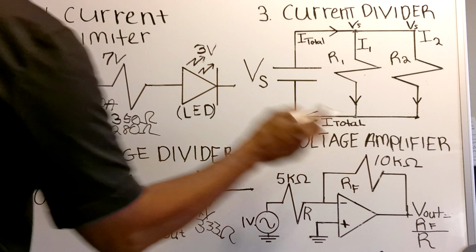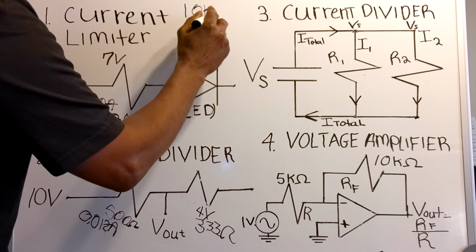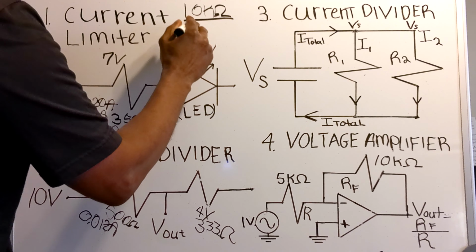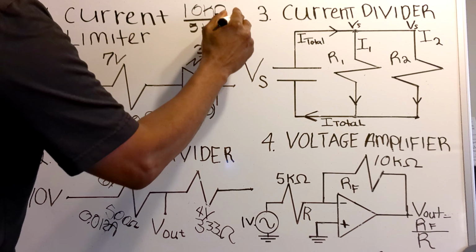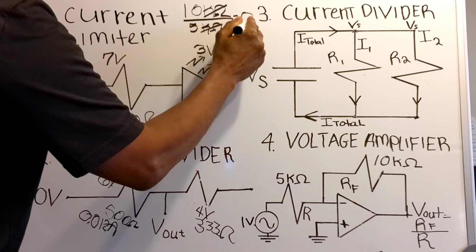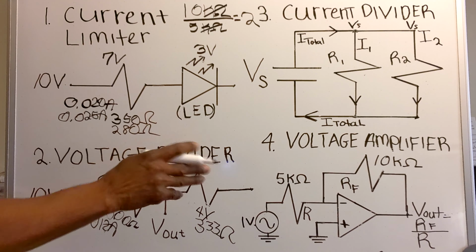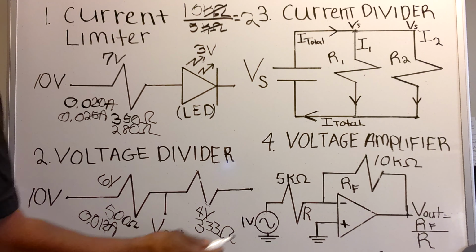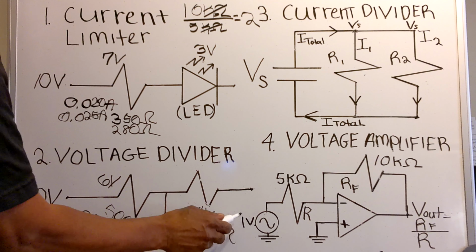So I go 10K ohms divided by 5K ohms. Now, the K ohms go, and that equals 2. Now, that means I now have a voltage gain of 2. So what do I do with this factor of 2? Well, I multiply the factor of 2 by this input voltage of 1 volt right here.